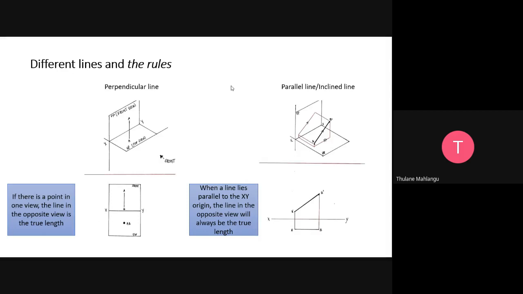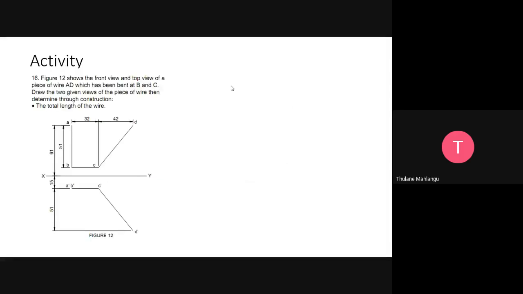Okay, in that case, we'll move to the next slide. So here's an activity from your assessments, activity 16. Looking at this drawing, the front view, first we can read the information, because in descriptive geometry it's important to read the instructions of what exactly they want.